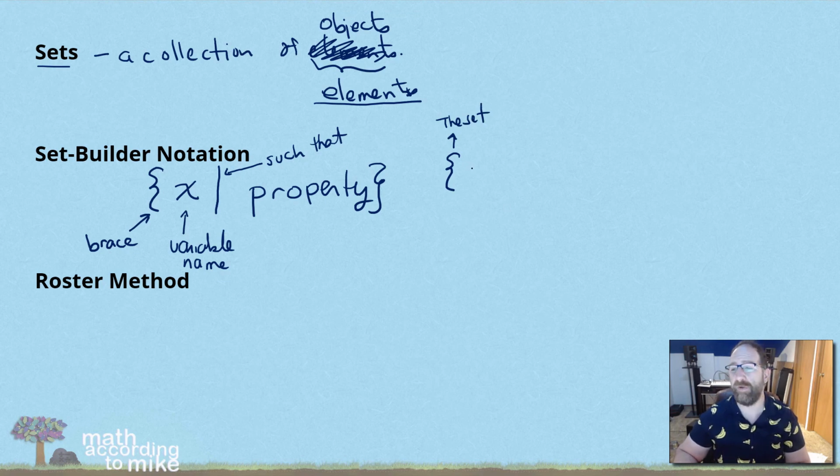Since I said Cleveland sports teams, we can say C for Cleveland, that's fine. The set of all C, vertical line, means "such that." And then we give the property. Well, we only care about Cleveland sports teams. So we would say C is a Cleveland sports team.